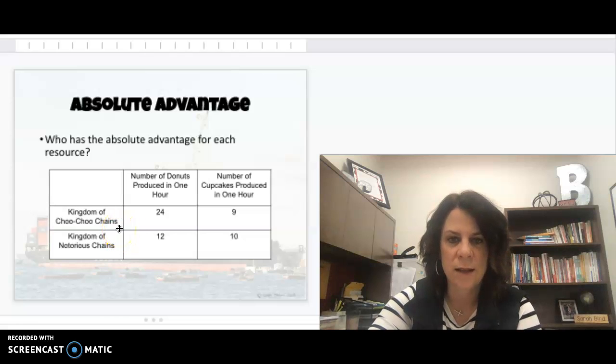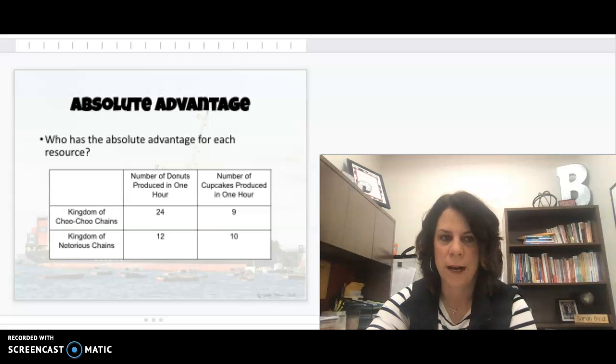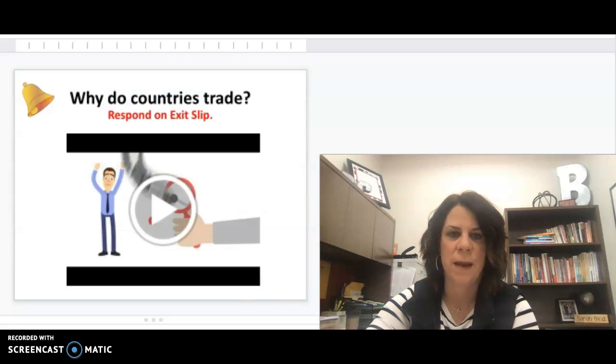Choo-Choo Trains produce 24 while Notorious Chains produce 12. So Choo-Choo Trains produce more. They have the absolute advantage in donuts. Who has absolute advantage in cupcakes? This one looks like it's Notorious Chains because they produced more in cupcakes. All right, seems simple enough, right? Who has absolute advantage? Whoever's the best at it.